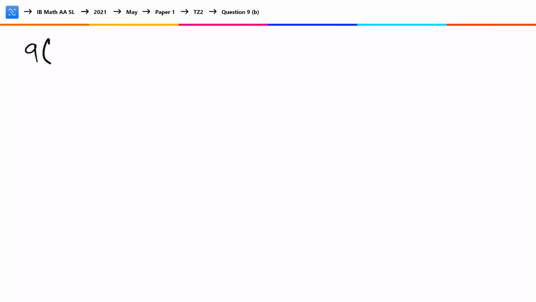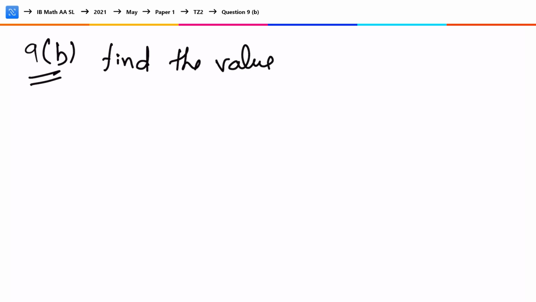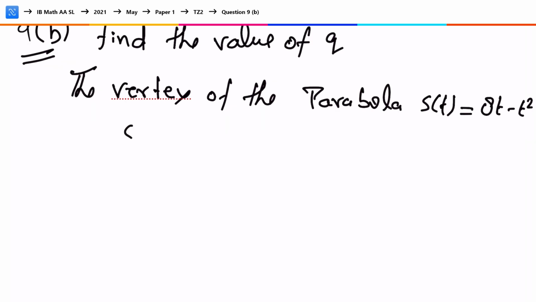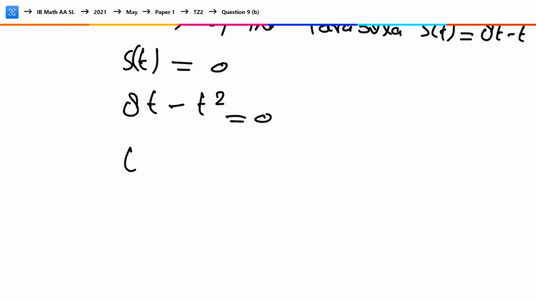Question number 9, part B. The first part is to find the value of q. The vertex of the parabola is given by s of t equal to 8t minus t squared. Setting s of t equals 0, 8t minus t squared equals 0 can be factored as t times 8 minus t equals 0.